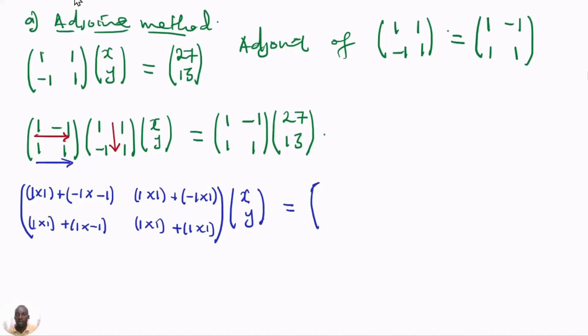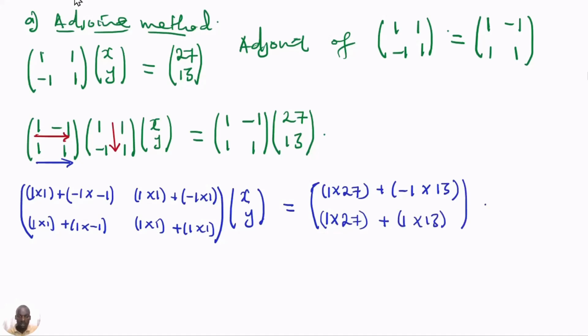We have 1 multiplied by 27 plus negative 1 multiplied by 13. Then we have 1 multiplied by 27 plus 1 multiplied by 13, the whole of it under brackets. So as we simplify further, 1 multiplied by 1, we are getting 1. Then negative 1 multiplied by negative 1, we have now 1 plus a 1.